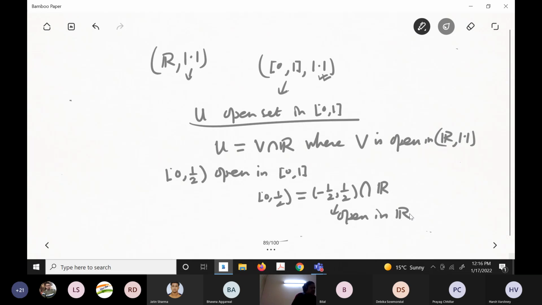That means if I go for a subset, I want the open sets of the subset, but only that part of the open set which is contained in the ambient space, so the intersection is the part of the open set I will consider. That's the way we naturally define the topology. You can check that this will give you a topology.